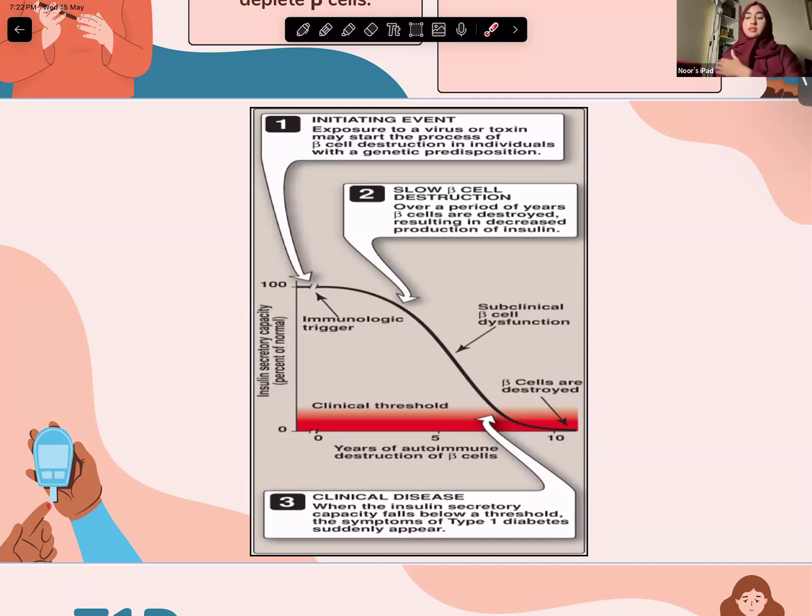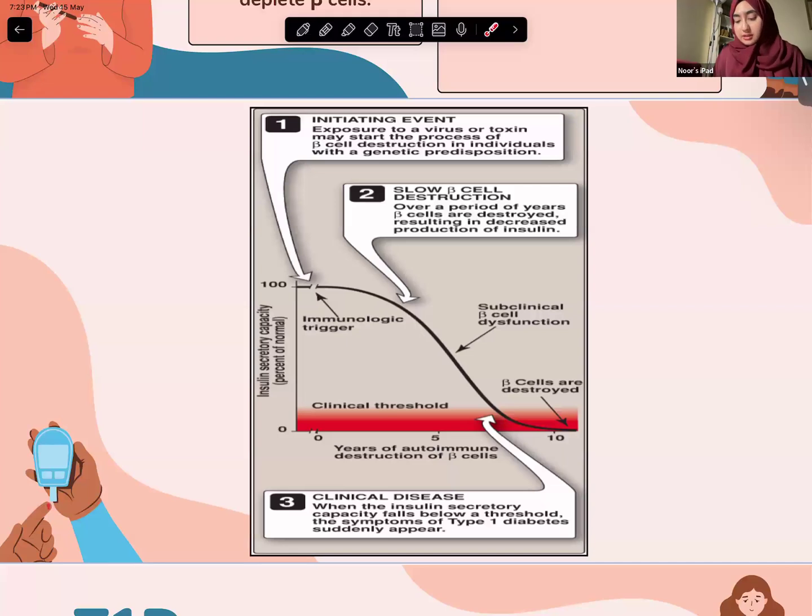It actually takes many years for all of your beta cells to be destroyed, and after about 90% of your beta cells are destroyed, that is when symptoms start appearing.